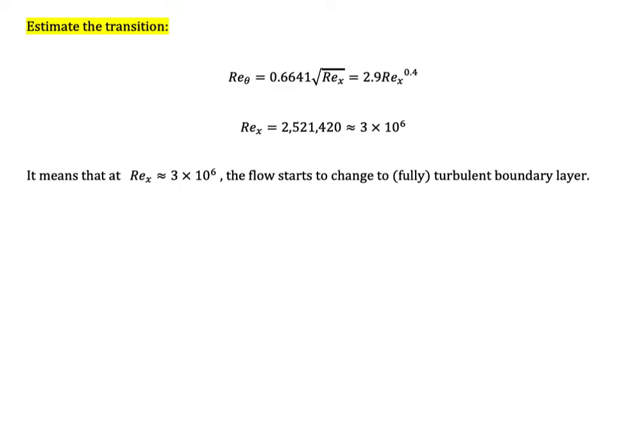This means the flow starts to change to a fully turbulent boundary layer. From this data, it is too late if you put the wire at around 2.5 times 10 to the power of 6 Reynolds number, because the flow is already turbulent, so it is a waste to put a wire in that region.